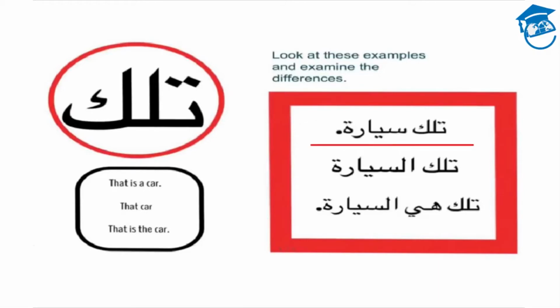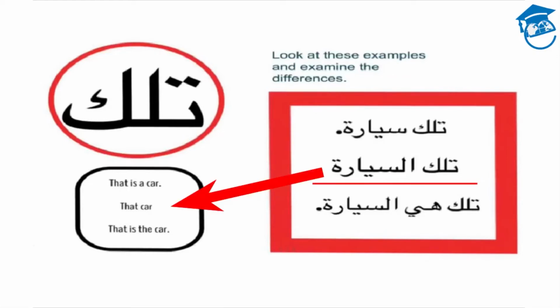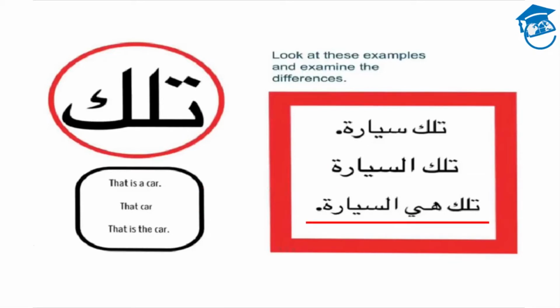Tilka sayyaraton means that is a car. In the second example, we have tilka as-sayyaratu. Tilka as-sayyaratu means that car. And in the third example, we have tilka hiya as-sayyaratu, which means that is the car.